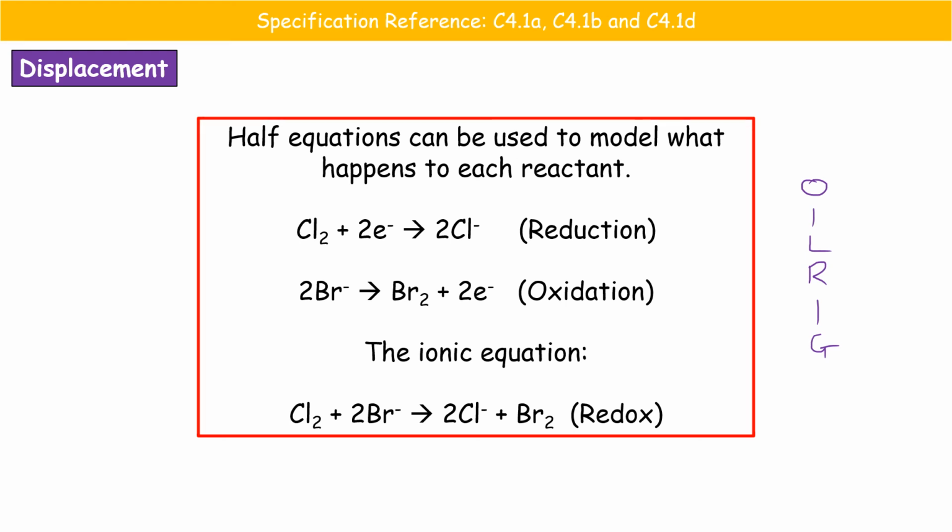These two are happening together, therefore it is a redox reaction. We have both reduction and oxidation together, which if we put them into one ionic equation, ignoring the spectators because they're not involved in the reaction: Cl2 + 2Br- makes 2Cl- + Br2.